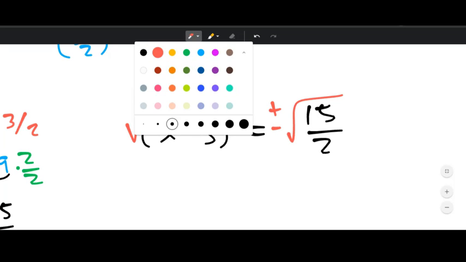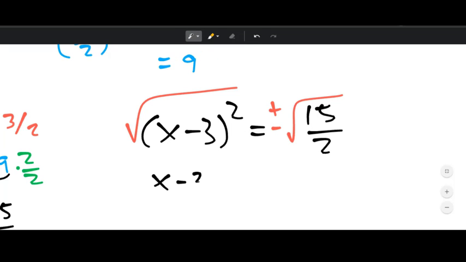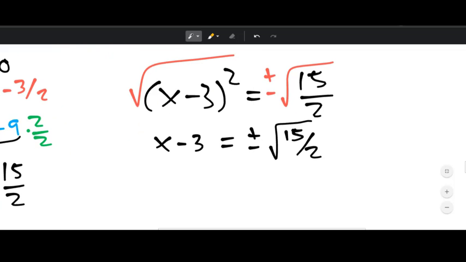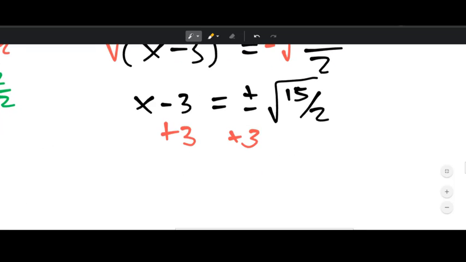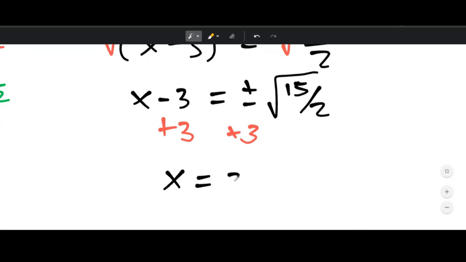Okay, and so on the left side, we just have x minus 3. The right side, we do not know the square root of 15 over 2 without a calculator. It's not a perfect square, so we're going to leave that. Now we could rationalize that, but for right now I'm just going to go ahead and move over this 3 to get x by itself. And so we have x equals 3 plus and minus square root 15 over 2.